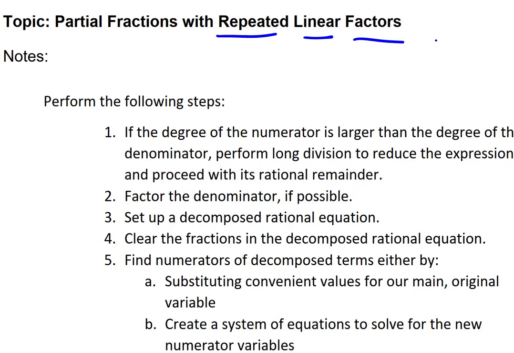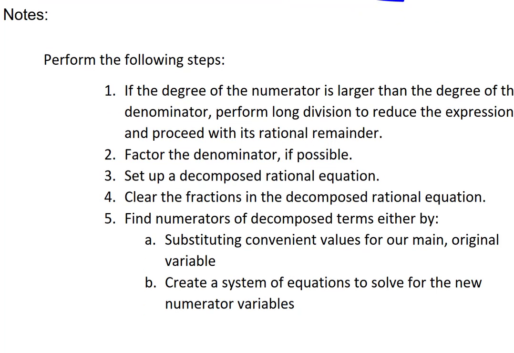Now the following steps are just the general steps that are done really for any case, and so this will all look familiar. We have to check the degree of the numerator and denominator as step one. We have to factor the denominator if it's not already done, or if it's not impossible, as step two. Then we're going to set up a decomposed rational equation in step three.